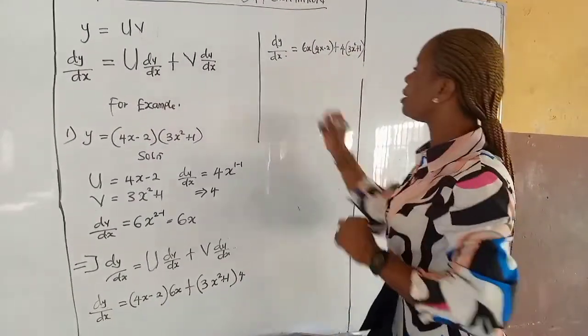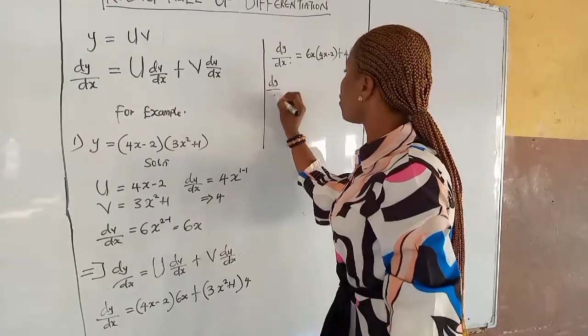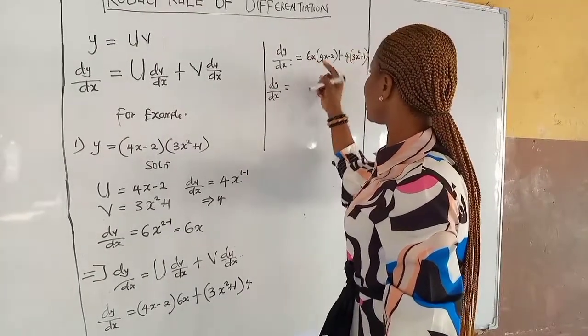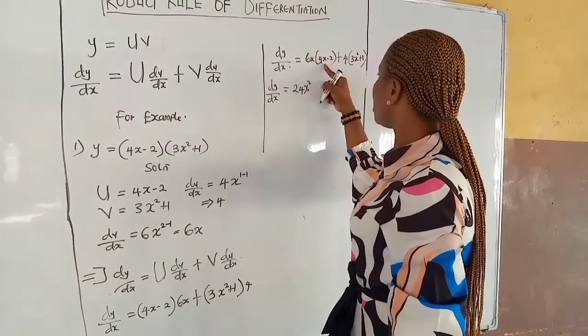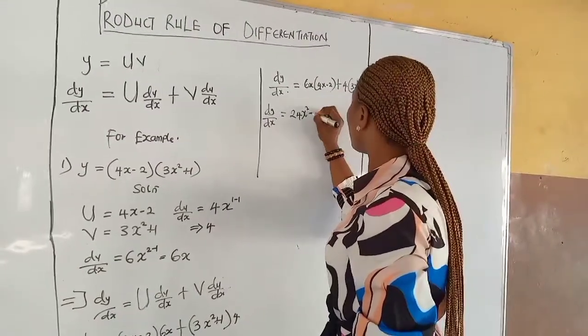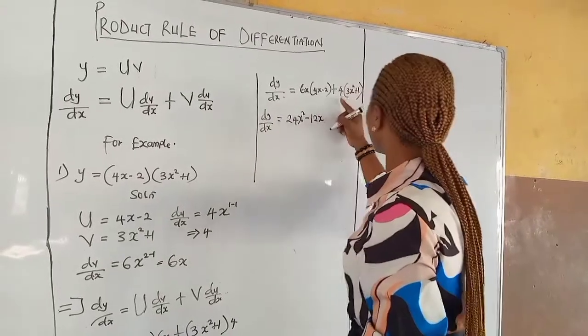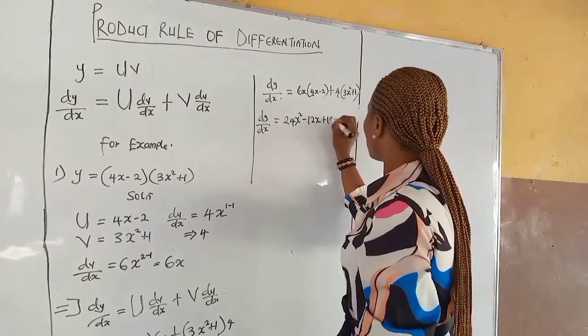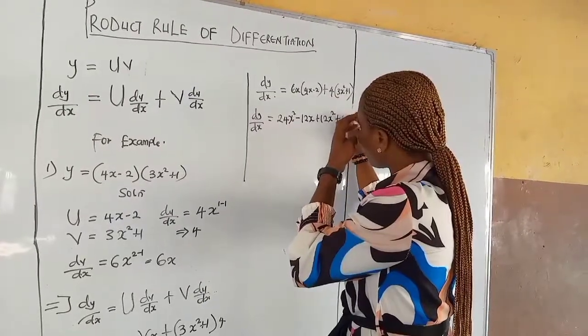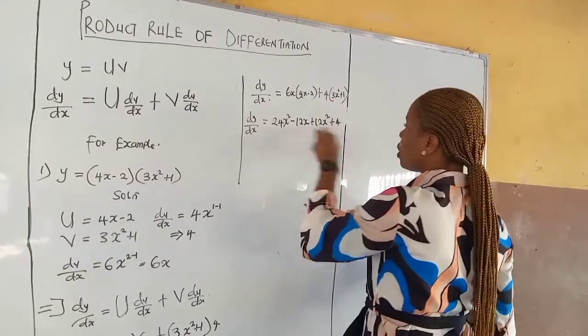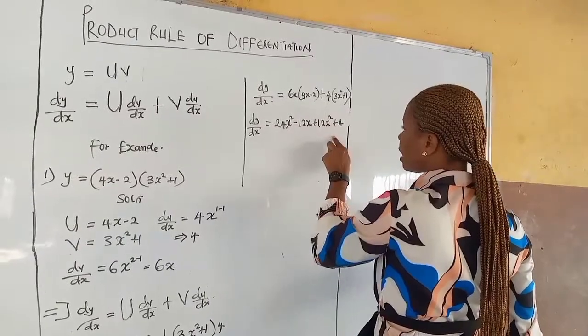So let's multiply out the bracket. 6x times 4x is 24x squared. 6x times minus 2 will be minus 12x. Plus 4 times 3x squared is plus 12x squared, and 4 times 1 is plus 4.